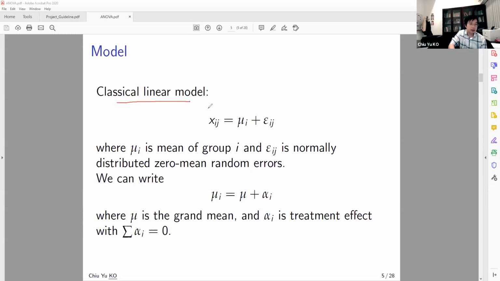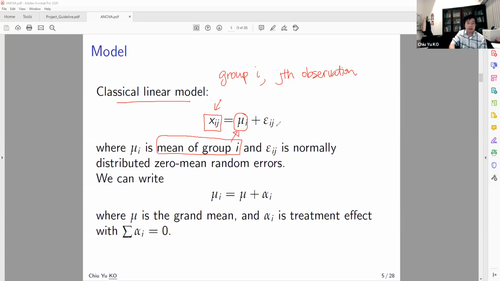You see this kind of formulation in regression too. It says for group i, observation j, okay, X_ij will be equal to the mean of the group, mu_i. So this is the mean of group i, okay. This is unknown. We want to know what it is.